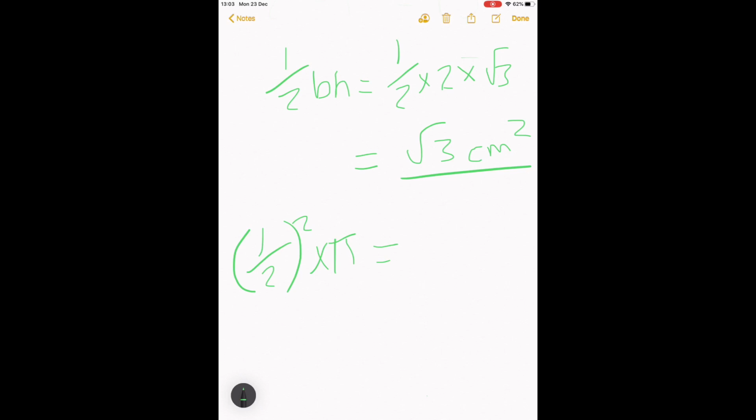Half squared is just a quarter, so you have a quarter pi. Now half of that would be the area of our third semicircle, so a quarter pi divided by 2, which is just 1/8 pi.